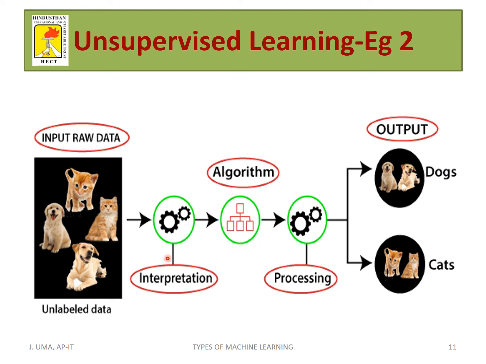Using some algorithms or analysis like the size of the image, the color of the image, the eyes of this animal, nose of this animal, tail of an animal, the model gets processed during the training phase. Among the given raw data, it has been categorized into two different sets of images, dogs and cats. This is the output of the prediction model.